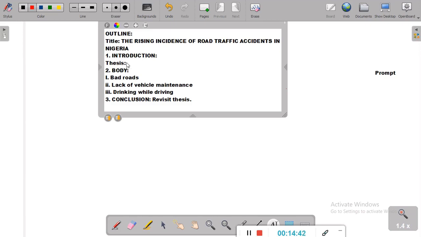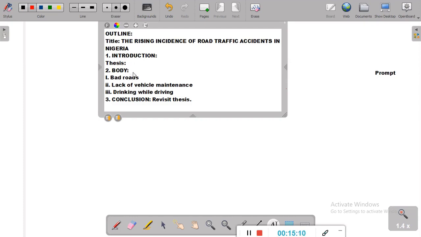Now, before we get this thesis, it's important we jot down the points we want to discuss in the body of the essay, and then we combine these major points with what we are going to get from the prompt. I will explain how we carve out our thesis from the question we have been asked.